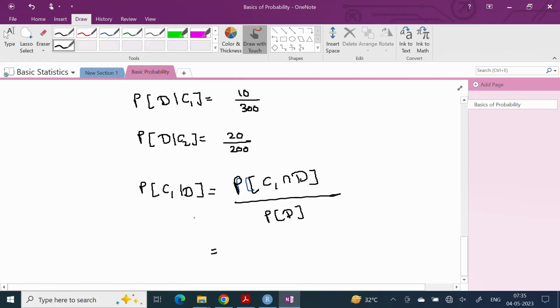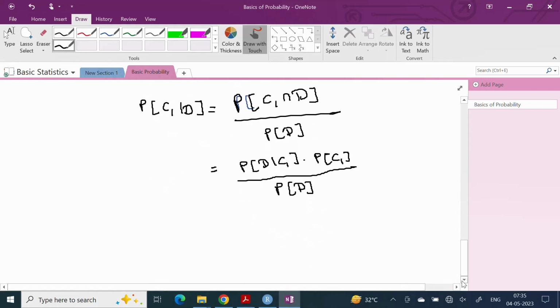That I can get the other way around also. So C1 intersection D I could write as D given C1 into C1. Okay. So the denominator remains as it is.